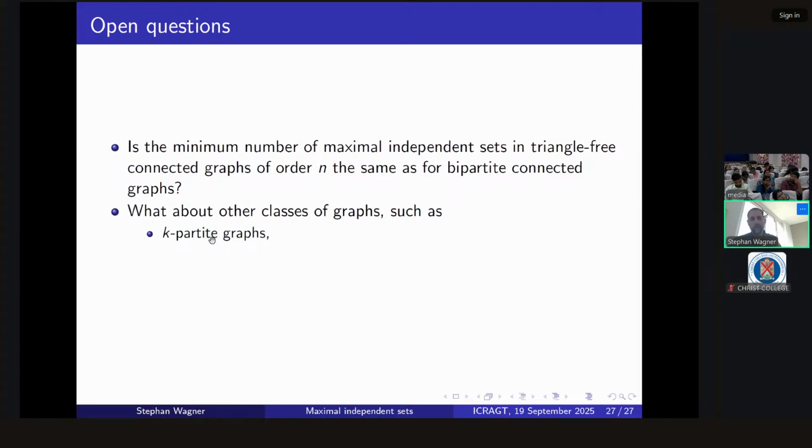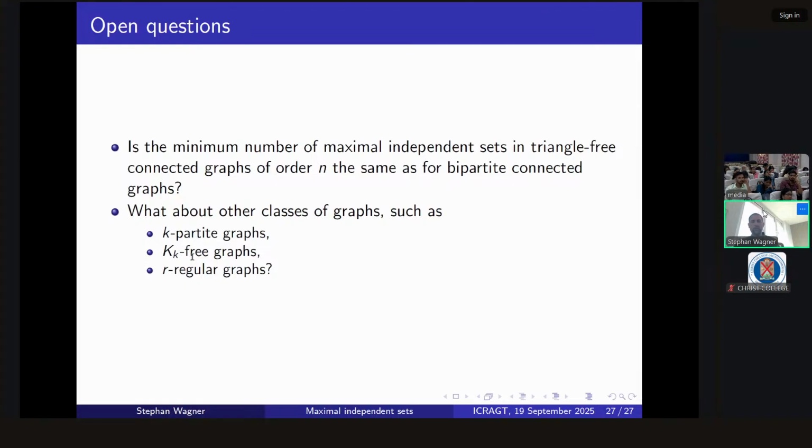Instead of triangle-free graphs, you might want to consider graphs that exclude a larger clique, K_k-free graphs. Or what about regular graphs? In all these cases, what can you say about the minimum number of maximal independent sets in these graph classes? Again, under the assumption that the graphs are twin-free.